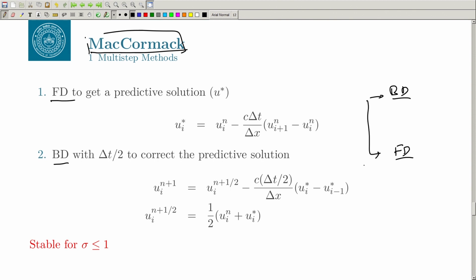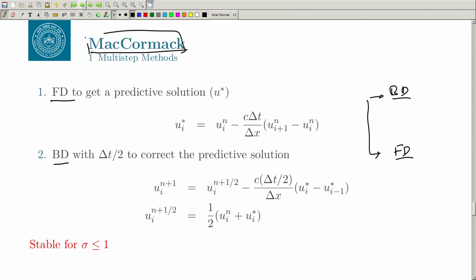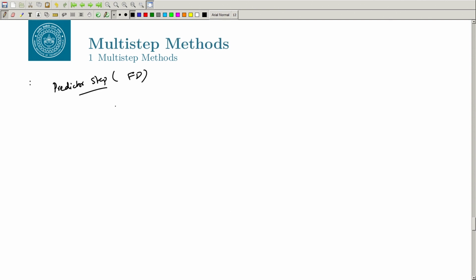So, let us look at this McCormick scheme. We have the predictor step, which is basically the forward differencing, or you can use the backward differencing. So, u_i star is nothing but my predictor step.